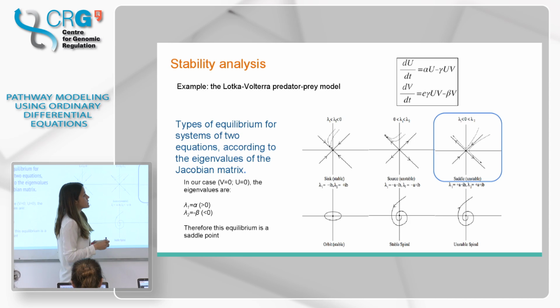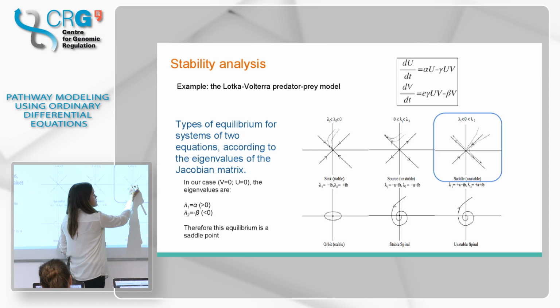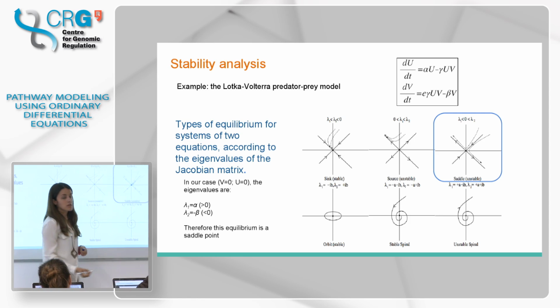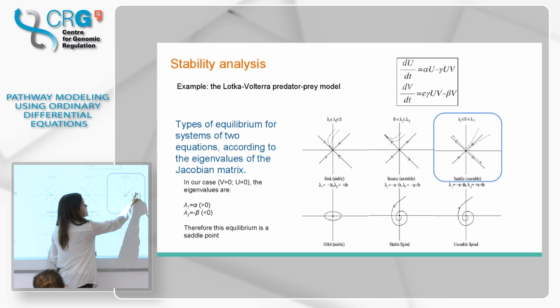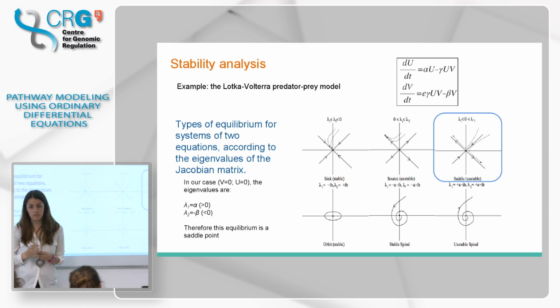This means that if we move in one direction from the equilibrium, which is here, if I move exactly in this direction, I'm going to go back to the same equilibrium point. But if I move in any other direction, which is not this straight line, if I go, for example, here, I'm going to go away from the equilibrium.